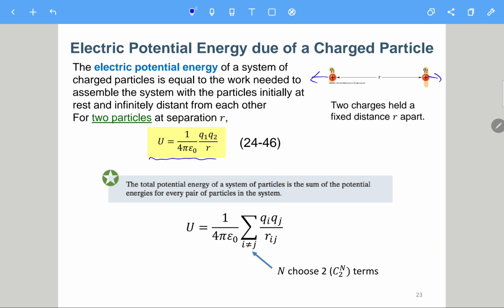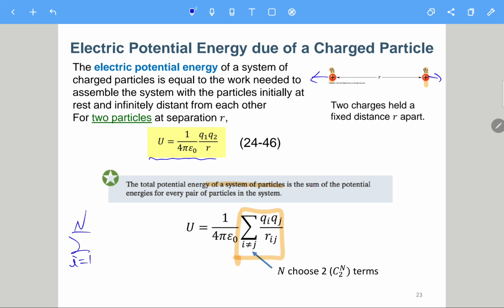If you have multiple particles here, then you need to calculate the energy stored two by two. For this summation, usually the summation sign is like summation for i from 1 to n, then you will count n terms.